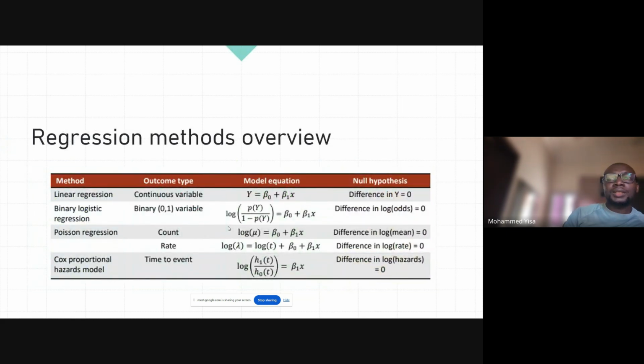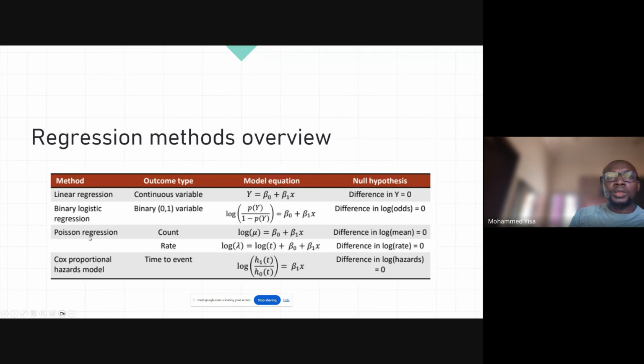So just as an overview, if you remember, for linear regression, your model was a straight line, and your null hypothesis hinged on a difference in means, while for logistic regression, it was a difference in odds.